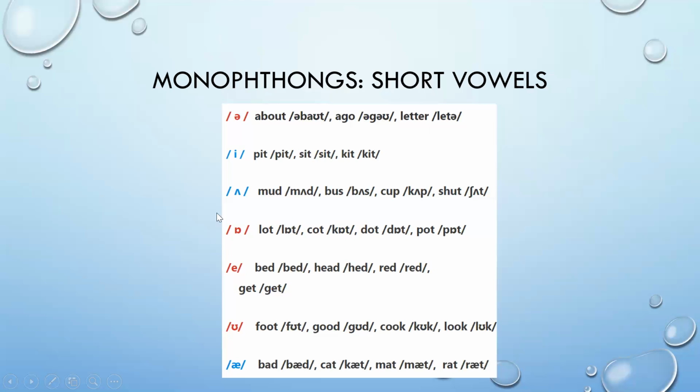Spell it after me, o. The next sound is e as in bed, as in head, as in red, as in get.